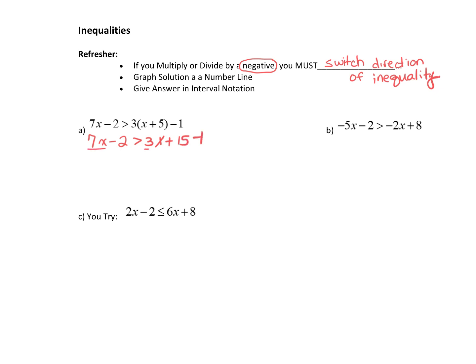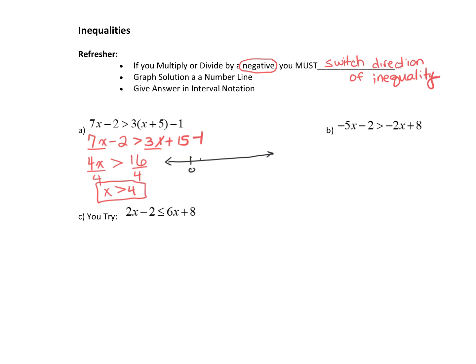Collecting like terms, I'm going to subtract 3x from each side and get 4x. Adding 2, we get 17 minus 1, or 16. And then dividing by 4, we get x is greater than 4. We didn't divide by a negative, so we don't have to worry about switching the direction of the inequality.